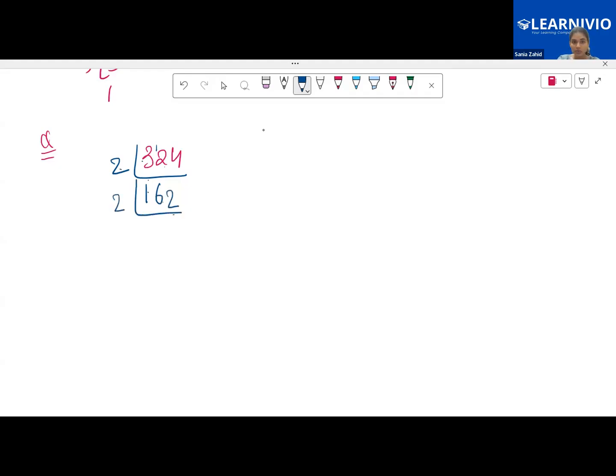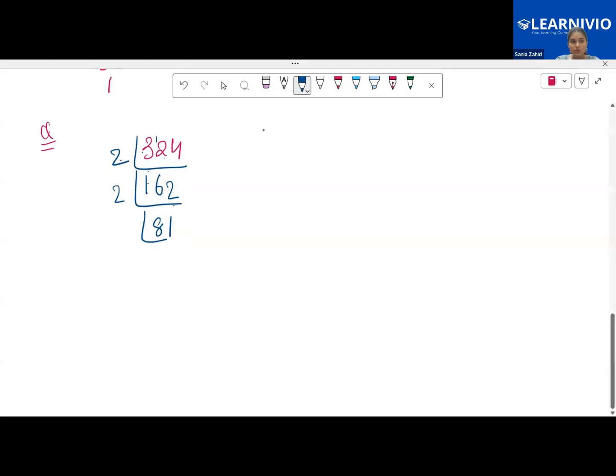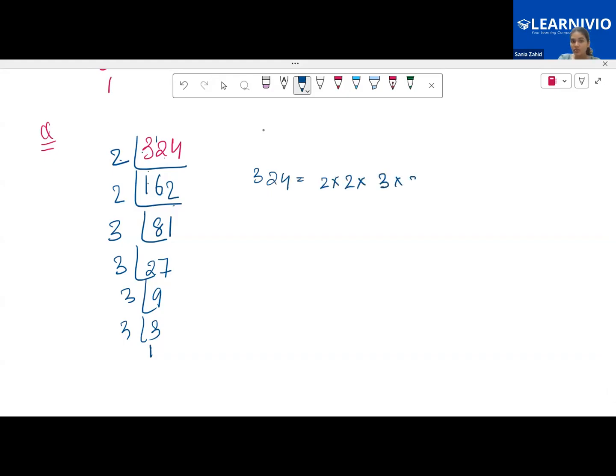You'll again divide with 2. We get 81. Now 81 can't be divided by 2, but it can be divided by 3. So you take 3, 27. Again 3, 9. 3, 3 and 3, 1. So the prime factors of 324 are 2 into 2 into 3 into 3 into 3 into 3.